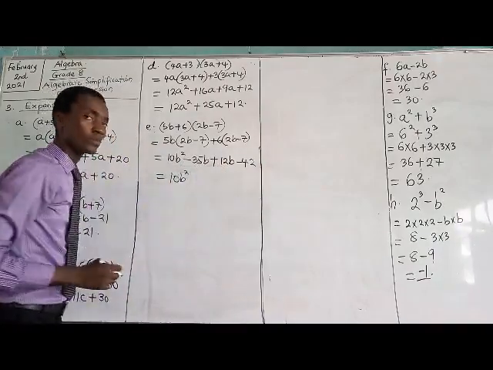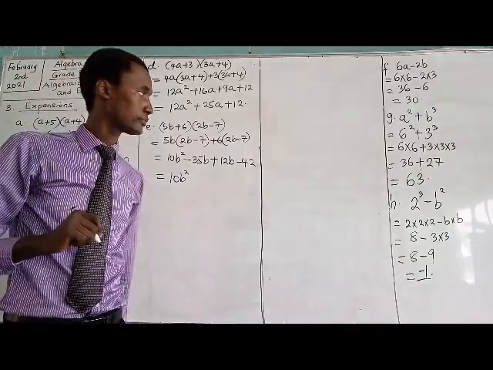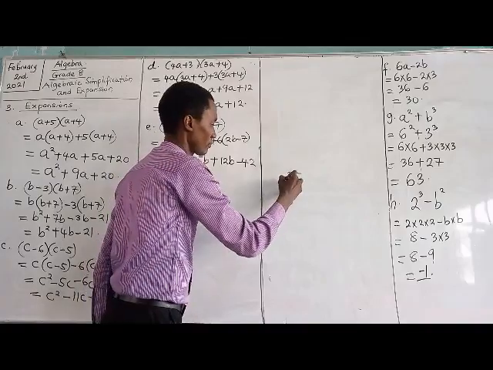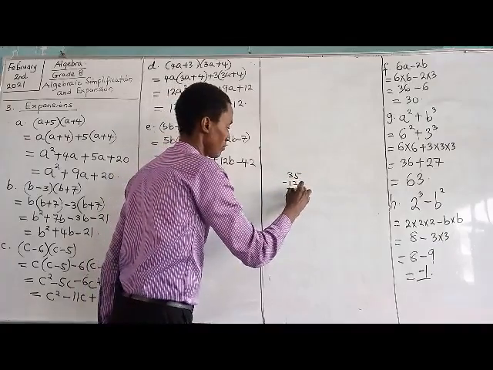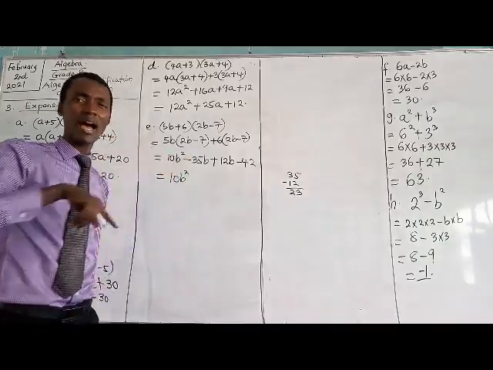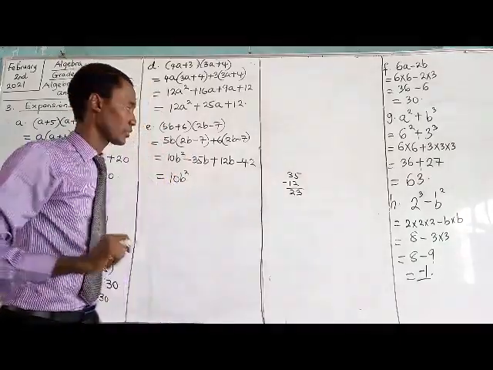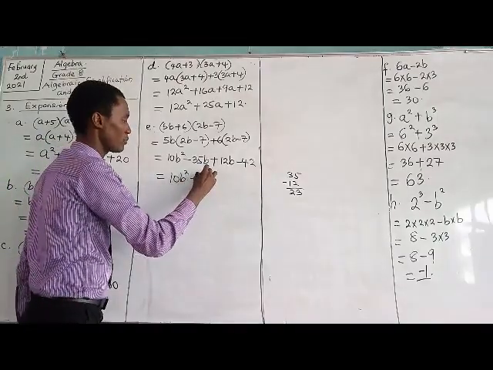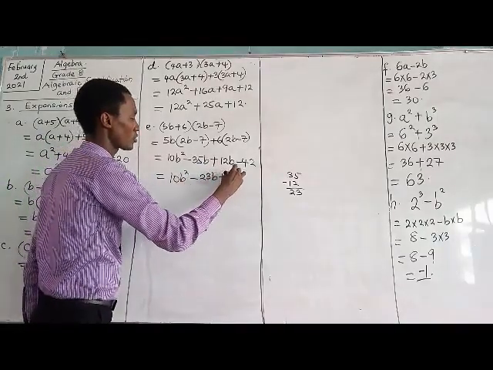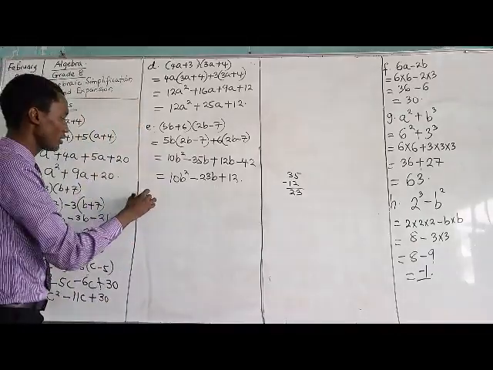Deal with this part. 35 minus 12 will give me 23. But remember that the negative is bigger, so my answer must be negative. So that will be minus 23b minus 42. Is that okay? So that takes care of question E.